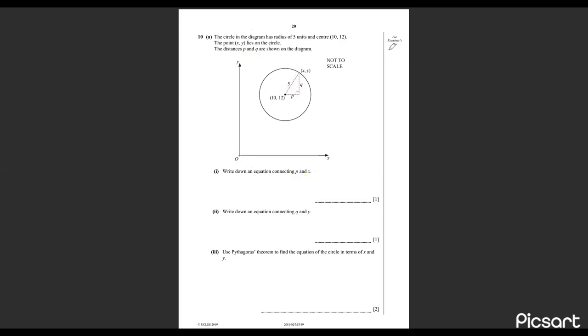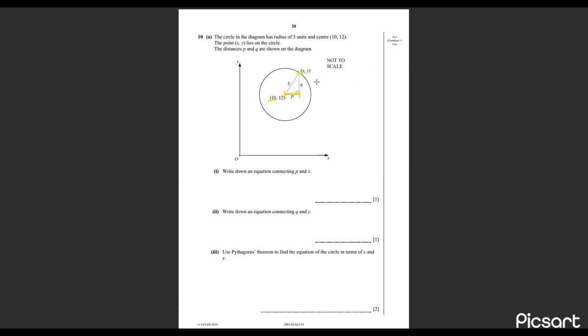Here, p is on the x-axis, along this line. Here we have 10 at this point, and here we have x. So here p equals 10 minus x.